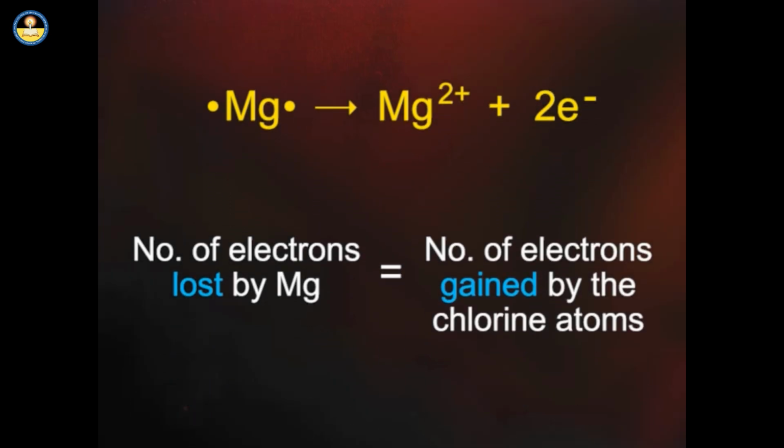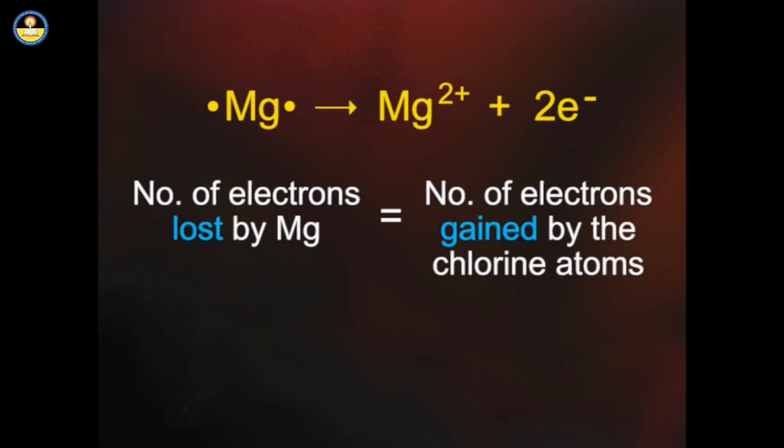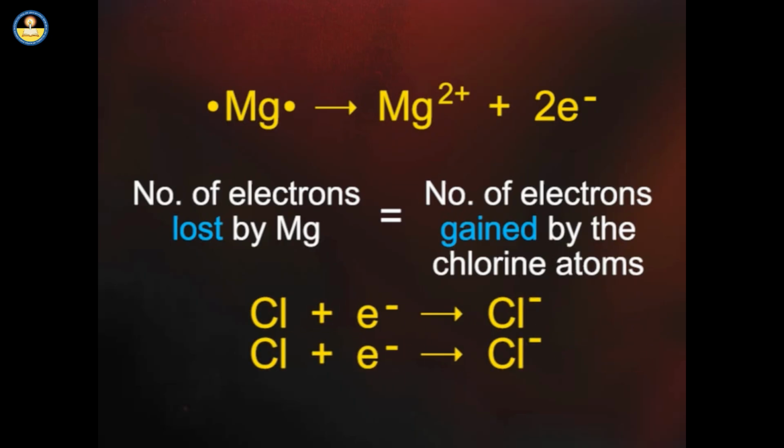Number of electrons lost by magnesium is equal to number of electrons gained by the chlorine atoms. This is possible only when there are 2 chlorine atoms, each taking up 1 electron to achieve the noble gas configuration.